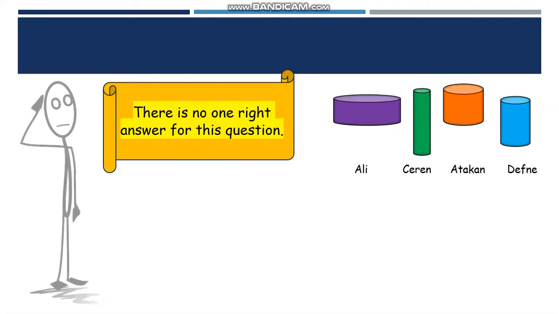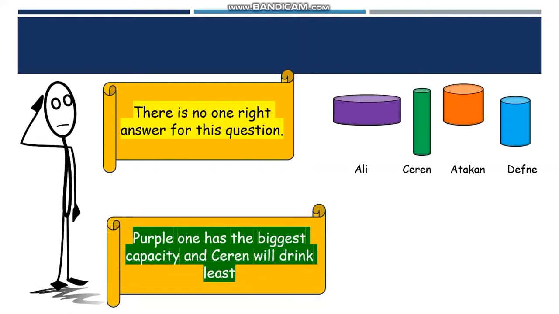So, one possible answer might be that the purple one has the biggest capacity, since it looks like it has the biggest radius, and Ceren will drink the least because the radius of Ceren's bottle looks like the smallest one. What else can be? Yes.